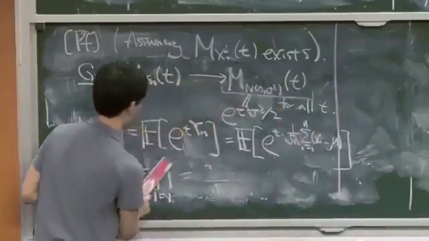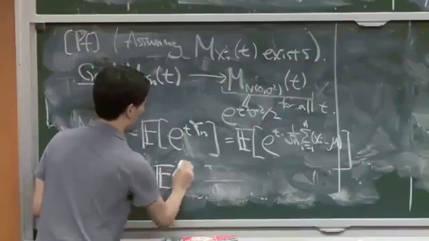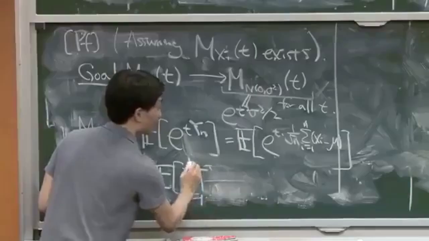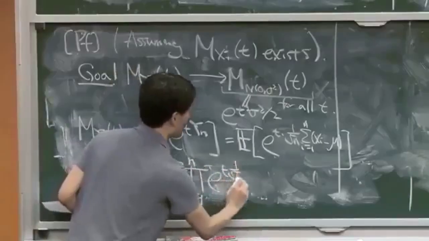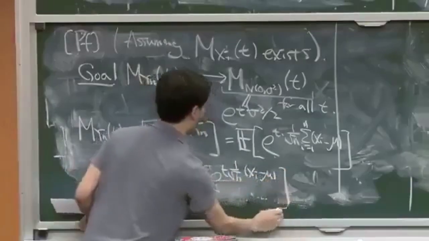The sum becomes products of e to the t, 1 over square root n, Xi minus mu.